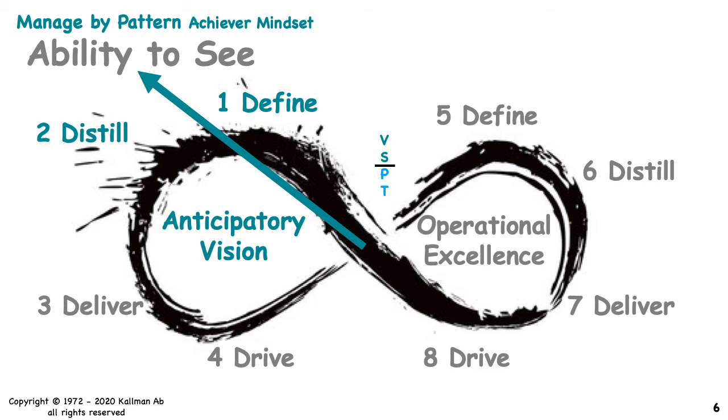This is not just the ability to see; since it's an achiever mindset, it's very mindset focused and mindset oriented. And you'll hear Agilists all the time talking about, well, it's not enough to do Agile, you've got to be Agile. And so your ability to see is going to determine how far you get in being Agile.